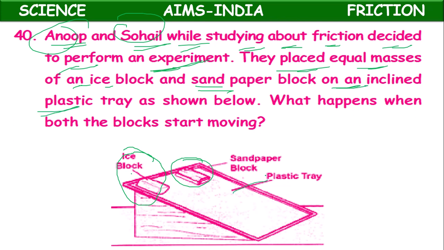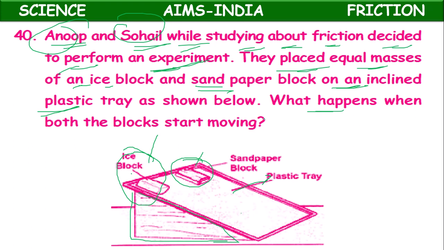This is the plastic tray. This is the inclined plane. On the inclined plane, on the plastic tray, they have taken the same masses of ice block and sandpaper, as shown below.